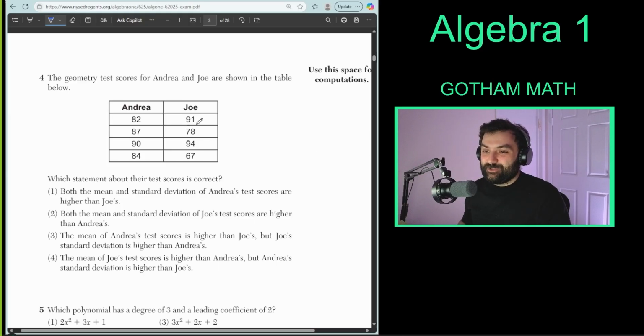Well, I would suggest lining those numbers up. I promised you that I'm going to do it without a calculator, but actually, I think I'm going to have to use a calculator here. I think this is the question that I won't be able to do.